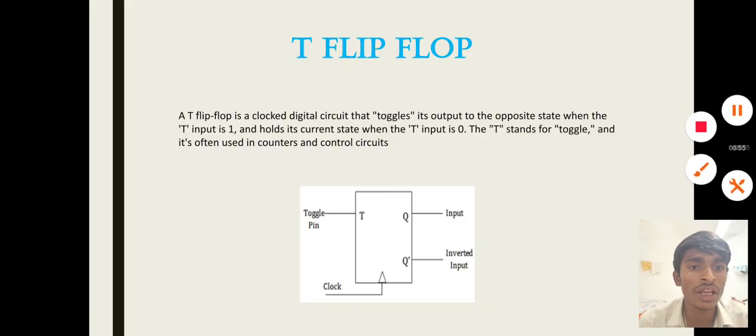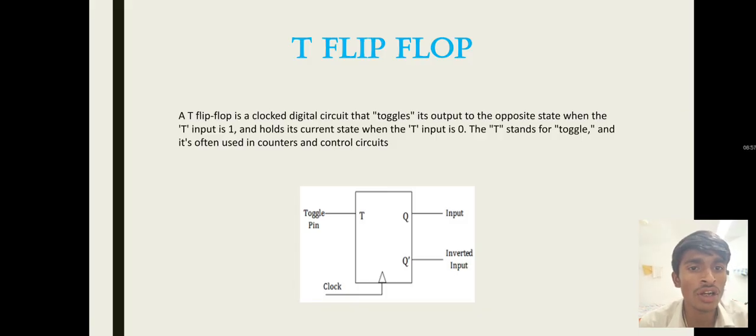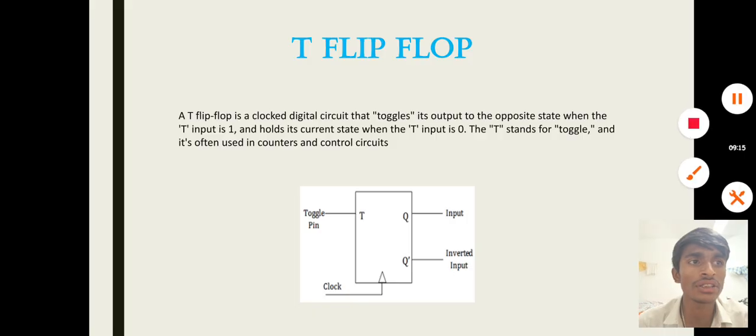It can halve the frequency of the clock signal by toggling its output every clock pulse, effectively dividing the frequency by two. The T flip-flop is crucial in digital electronics for its ability to toggle output states, making it ideal for counters and frequency division applications.